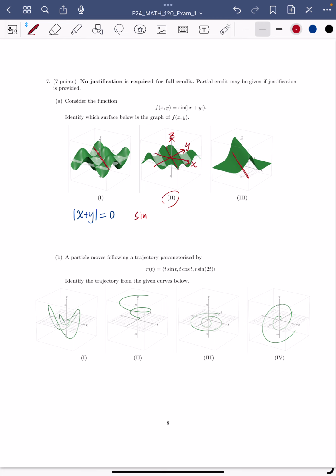So sine 0 is 0. Okay, and now let's see. Another thing to look at is when x plus y equals k, then this value is sine k. So it should be a constant along the direction like this, which is exactly 2.